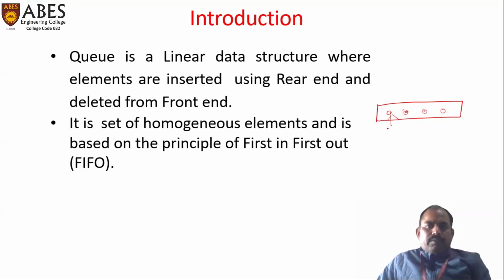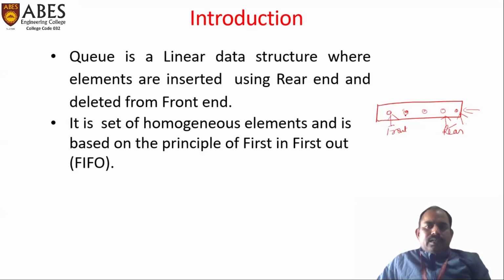So in the case of a queue data structure, this end is called the front end, and the last element will be at the rear end. If we want to insert an item, we always use this end. Here we can insert a fifth item, and so the rear moves from this item to this one.